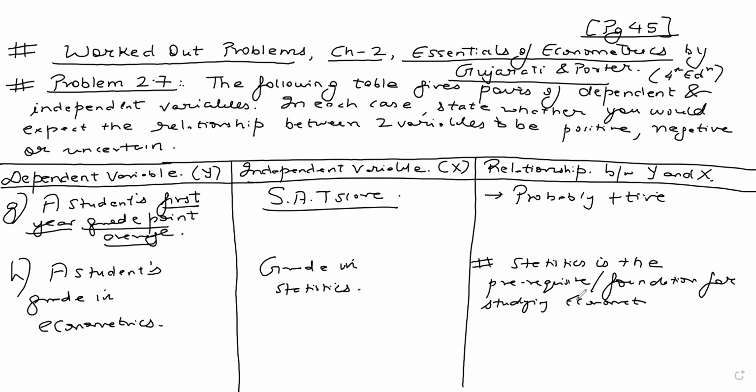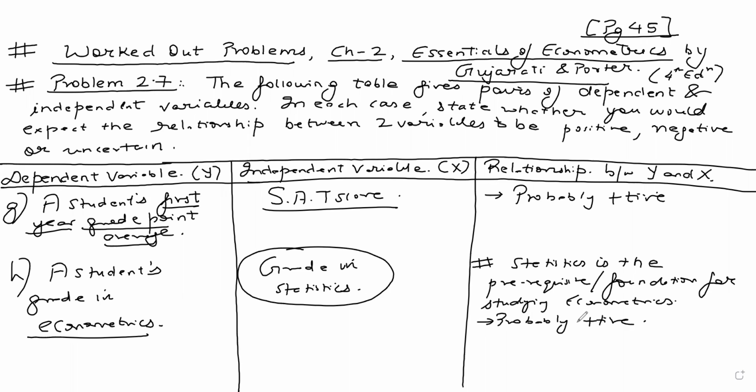So we would expect that if your grades in statistics are good, you are going to perform well in econometrics also. So again, I would expect the relationship to be probably positive. Again, it's all ceteris paribus. If your grades in stats are good, we expect you to perform well in econometrics because statistics is a prerequisite for studying econometrics.